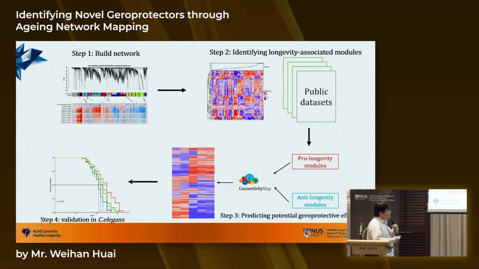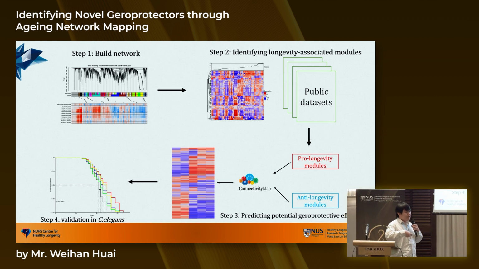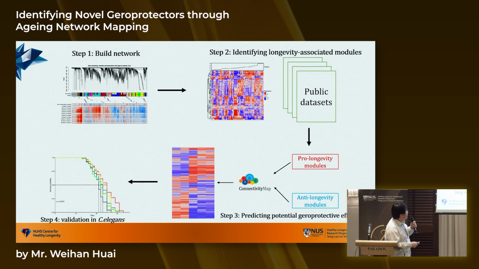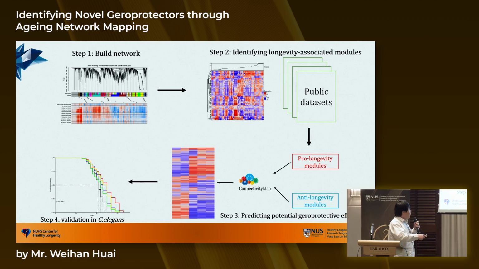So if a module is a longevity module, which means it responds to pro-aging damage, its activation should lead to a longer expected reported median lifespan. So they will be positively associated with median lifespan, and then we can aggregate these data sets and perform meta-analysis to find these conserved consensus longevity-associated modules.